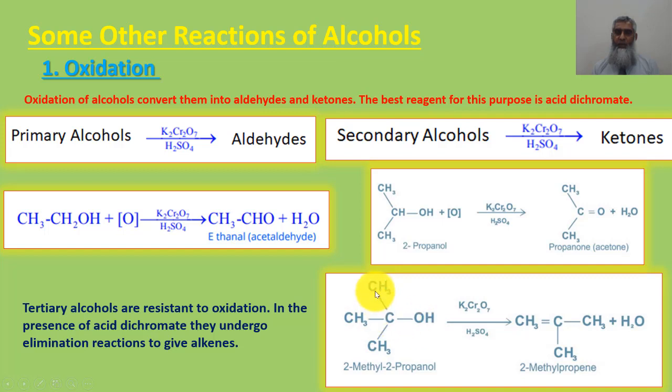If hydrogen is removed from this carbon atom, a double bond will form at this position. If hydrogen is removed from this carbon atom, then the double bond will form from this position. Here I have taken the OH group from this carbon and hydrogen from this carbon. So a double bond will be produced between these 2 carbon atoms, producing an alkene. The product produced is called 2-methyl propene.